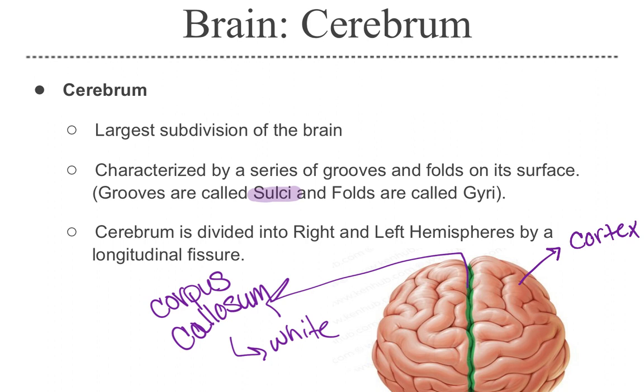The rest of the cerebrum is composed of white matter, meaning that it has myelinated axons carrying the messages. So conscious thought and gray matter is going to be the most outer part of the brain that has the folds and the grooves, and it's going to be gray matter. The connective tissue and the rest of the cerebrum is going to be white matter.